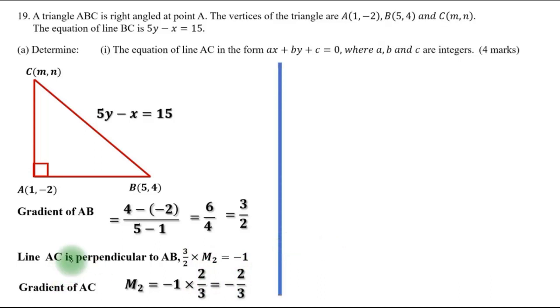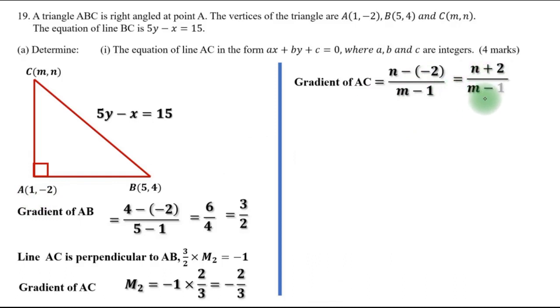Then gradient of AC, now let us use, because we need to find m and n, we already have the gradient, and the gradient will be given by change in y over change in x. So that will be n minus negative 2 over m minus 1. So this will be n plus 2 over m minus 1.